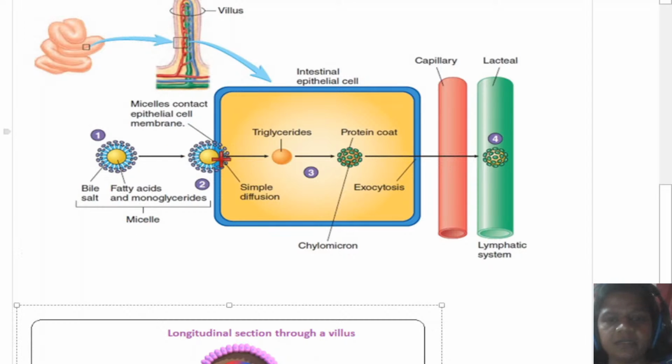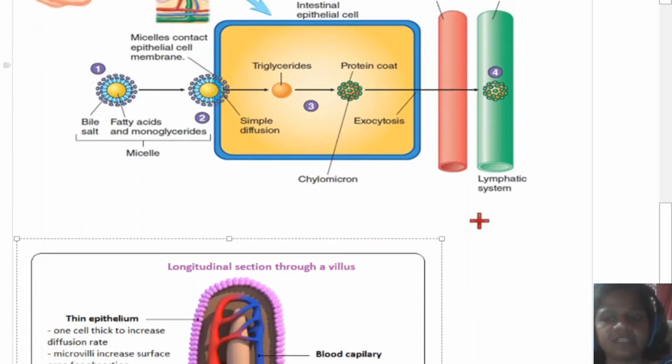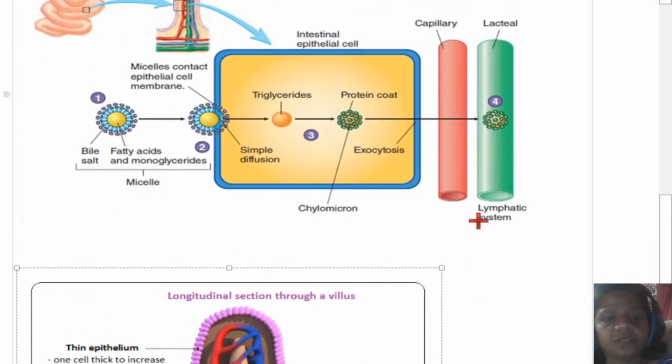And these are coming through the simple diffusion, coated by the protein. They're formed into triglycerides. They're coated by the protein, and they come out. They are called chylomicrons, and they come out by exocytosis. They cannot enter the capillary because they are too big, and they enter into the lymphatic system and get dumped into the left subclavian vein through the thoracic duct.